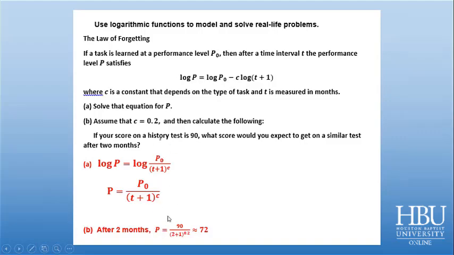C, we're told, is 2/10. If you enter that expression in your calculator, it comes out to be about 72. So if you made a 90 on the test initially, after 2 months, you might only score about a 72 because you would have presumably forgotten a good bit of the material in that 2-month time period.